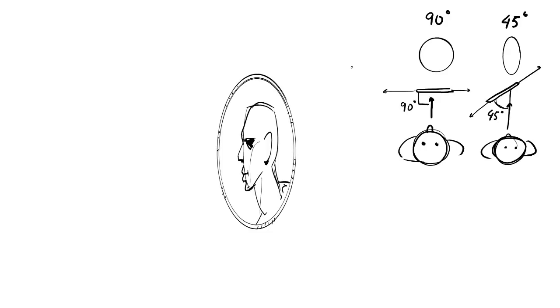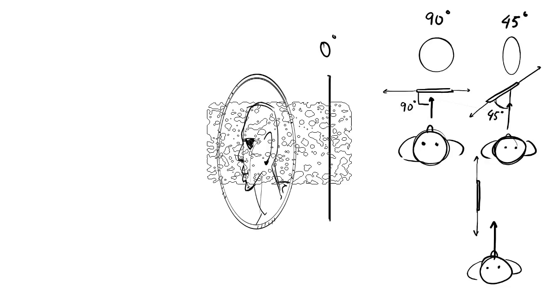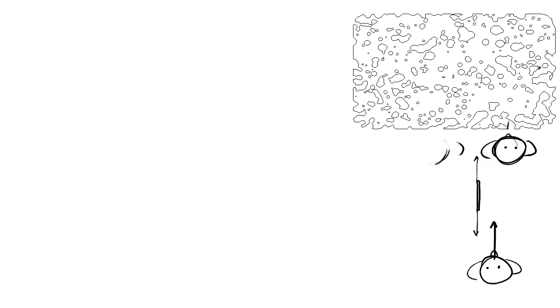And so eventually when it gets down to a skinny line, that's going to be 0 degrees because the face of this circle is going to be running parallel to the viewing angle. So it'll be like this. So that's one aspect of how this information can be used in 3D space.